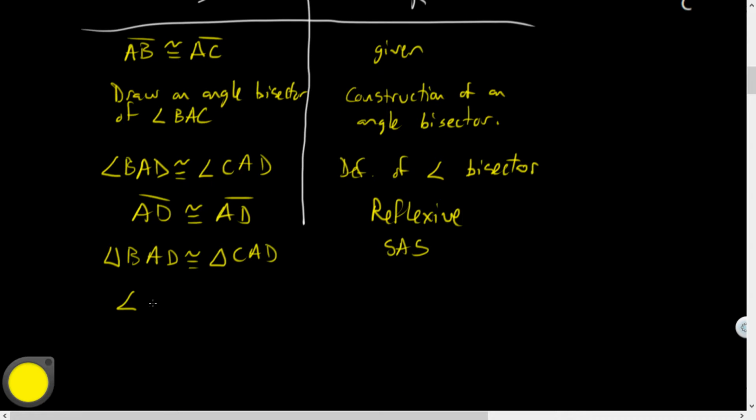All right, so I can say angle B is congruent to angle C because, and I'm going to write this whole thing out, corresponding parts of congruent triangles are congruent.